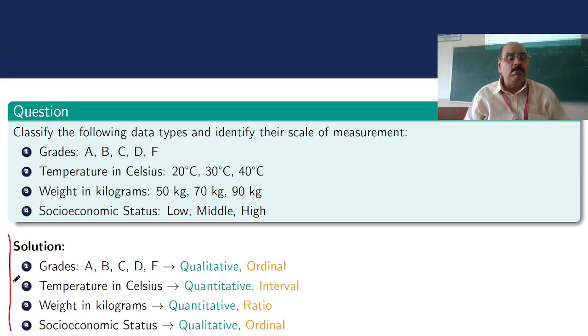So I actually wanted to blur these things, but scale of measurement, qualitative, ordinal. So I'll be giving you some assignments based on this. That's the reason why I put this slide as such. Say for example, I have a data set of grades, whether it is qualitative or ordinal.